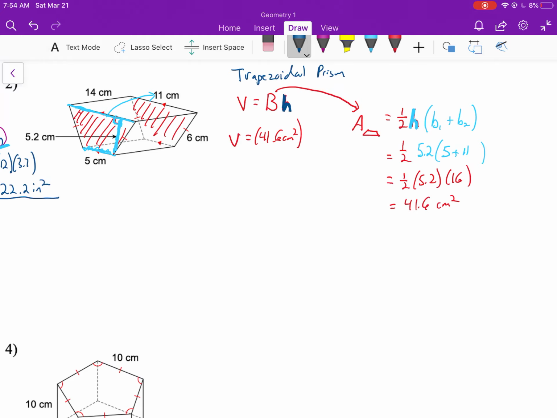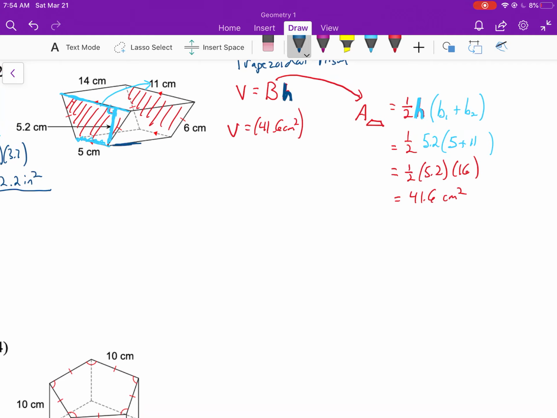The height of the prism is always perpendicular to the base. So actually this is the height of the prism. Again, you can try to think of it standing on end, like standing on the trapezoid. So this height, it doesn't say it on this segment, but we look around our trapezoid and we see the height is 14. So that's where you really have to be careful with your different heights, the height of the prism and the height of the trapezoid.